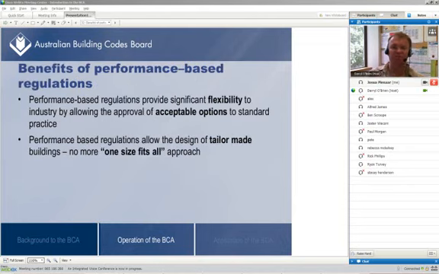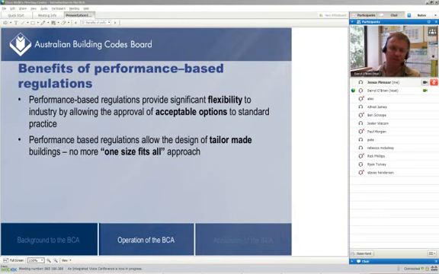Now, why do you have performance-based legislation? The main reason is it allows flexibility to allow acceptable solutions other than standard practice. It also allows the design of tailor-made buildings, so you can have no more of the one-size-fits-all, as they say. If there's a special site requirement or so forth, you can use a performance-based approach to design a specific building.